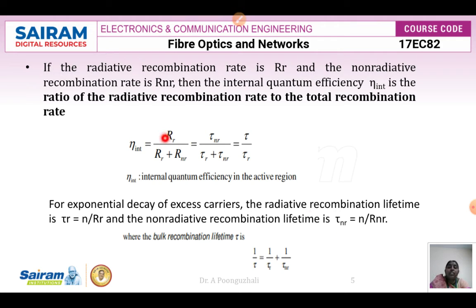If I substitute for R_R, it is N by tau_R, and N by tau_NR. Here N is common, so removing it, it becomes tau_NR by tau_R plus tau_NR, which I can write as tau by tau_R. The bulk recombination lifetime can be written as 1 by tau equal to 1 by tau_R plus 1 by tau_NR.